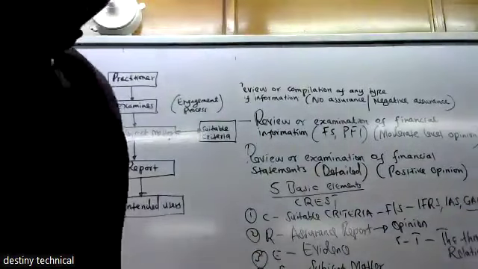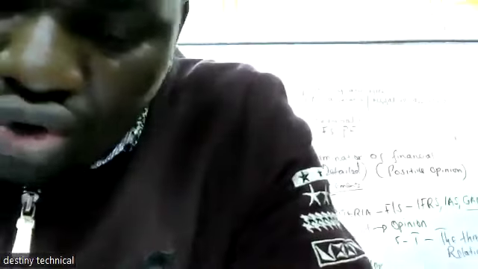Okay, then we go to number five. Number five element, evidence slash engagement process.